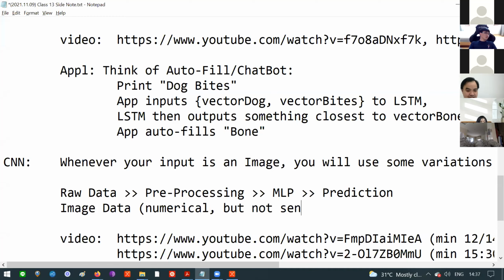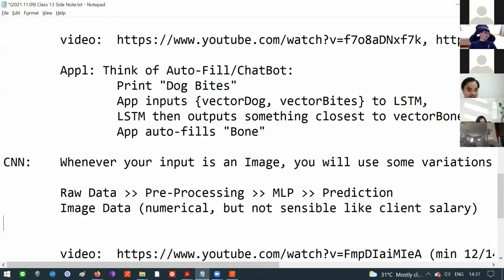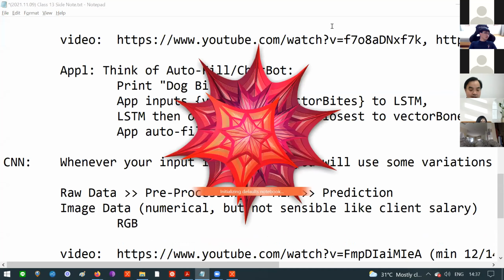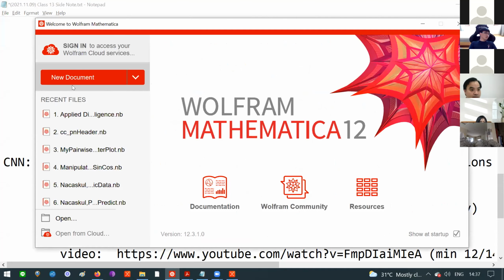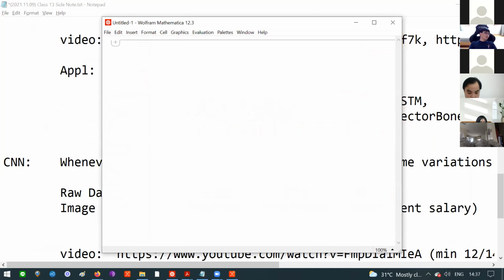But not sensible like a client's salary or whatever. Why is it numerical? Because, first of all, we have this thing called RGB. What does RGB look like? Anybody? Blue.